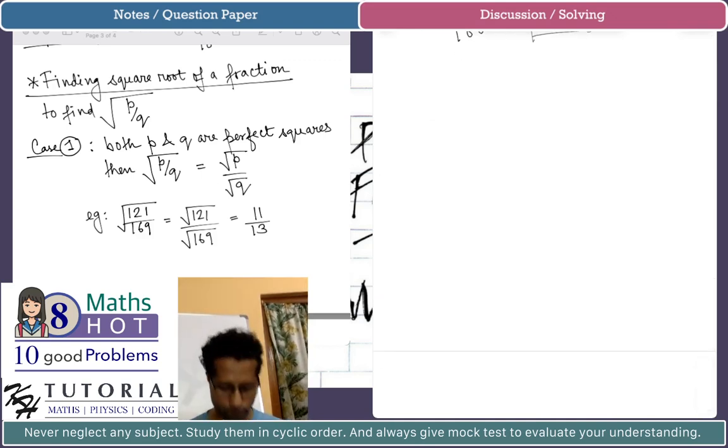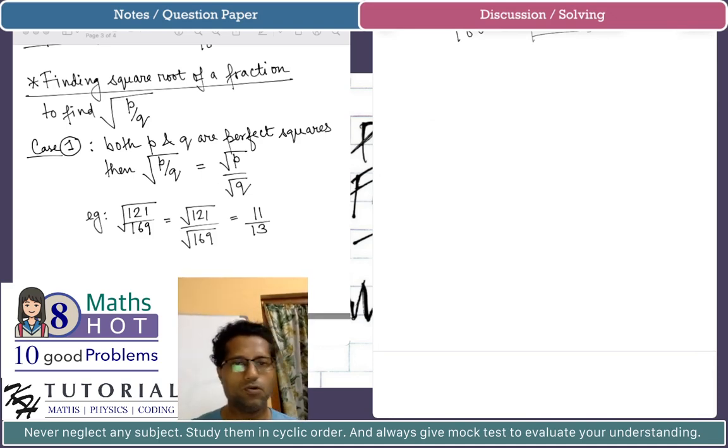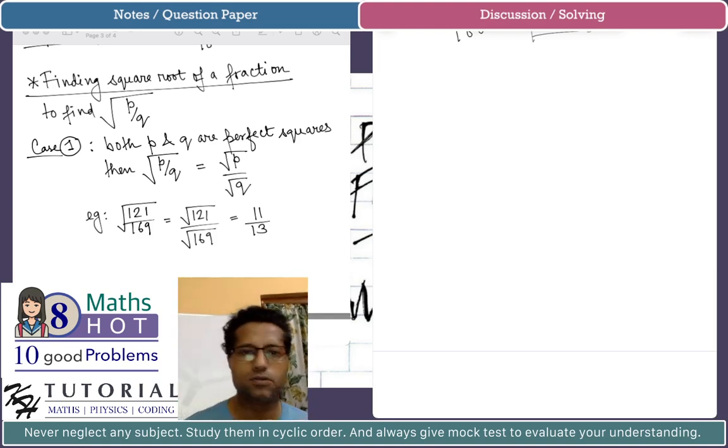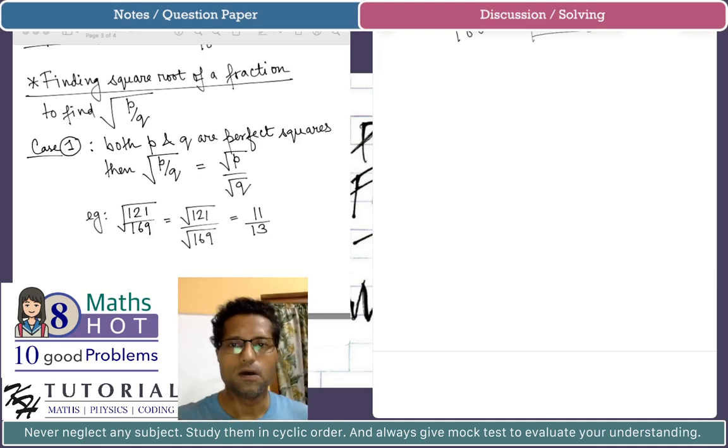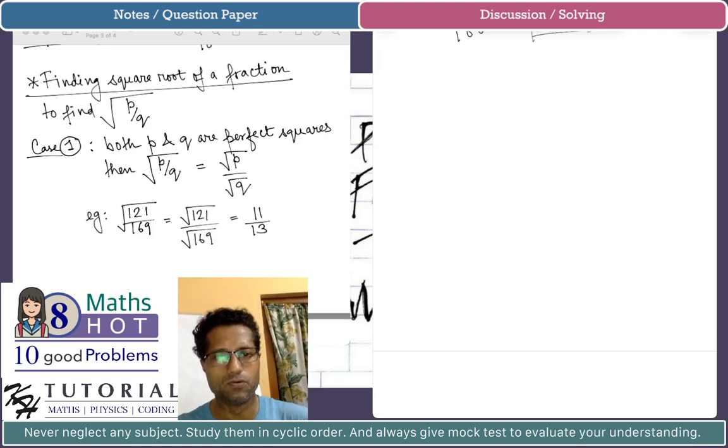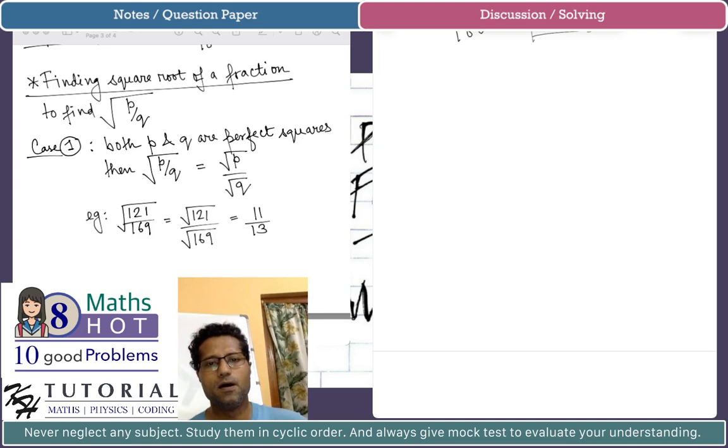So let's say the given fraction is p by q, where of course p and q are natural numbers. How do we find it? Now we have to find it case by case. If both the numerator and the denominator of the given fraction are perfect squares, then we simply write the square root of p by q will be equal to the square root of p divided by the square root of q, and we know that we can find the square root of p and the square root of q.